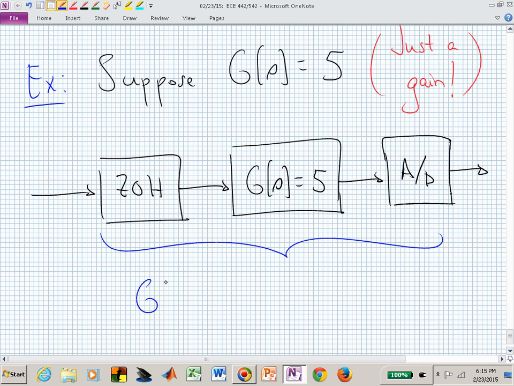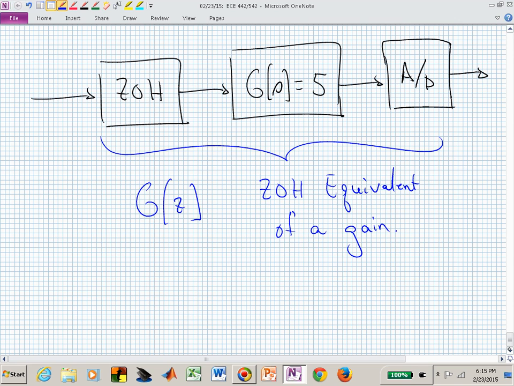All of this will be what we will call G of z, which is this zero-order hold equivalent of a gain, or the pulse response transfer function of a gain.